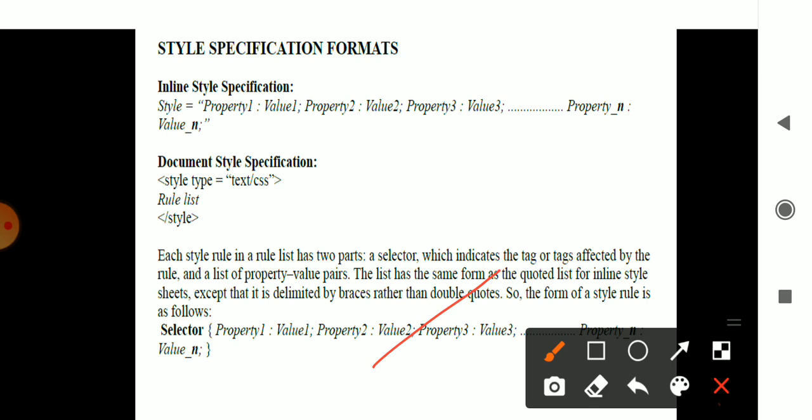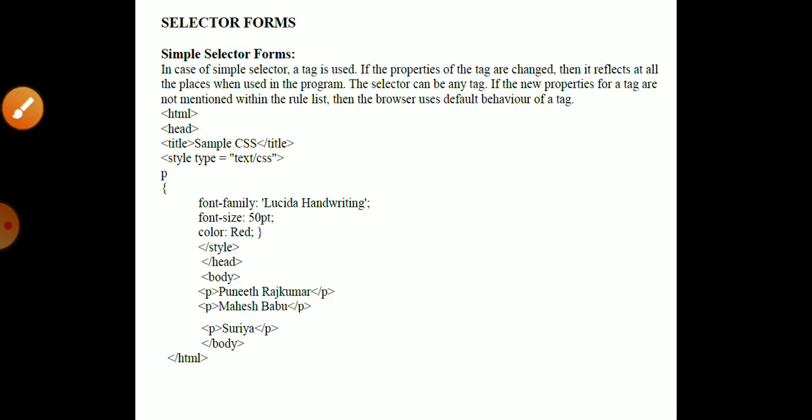Let's check how it is depicted with a simple selector form. The selector form mainly selects the particular font size or color of the paragraph or the body that I am considering, specified with a certain selector type.